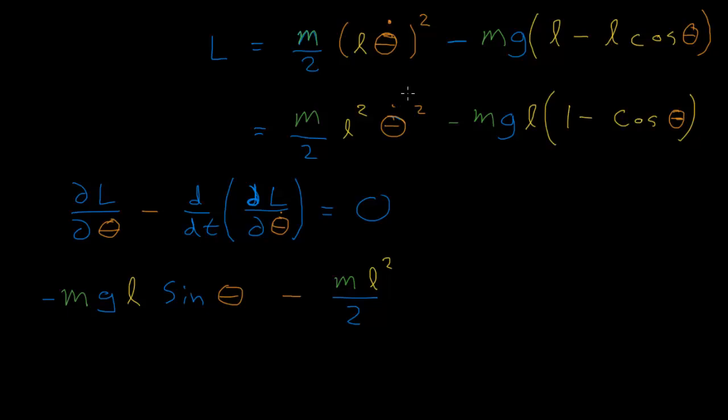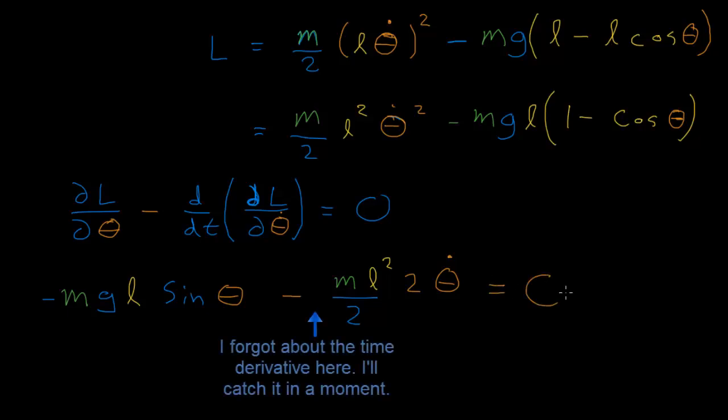And then when we take the derivative of theta dot squared, all we get is 2 theta dot. If we think of this as x, the derivative of x squared is 2x. So a 2 pops out and it's to the first power. So we'll write 2 theta dot. And then all of this together equals 0.